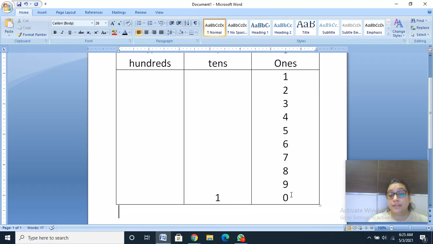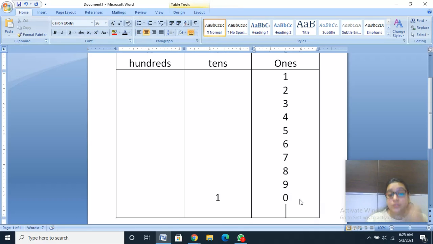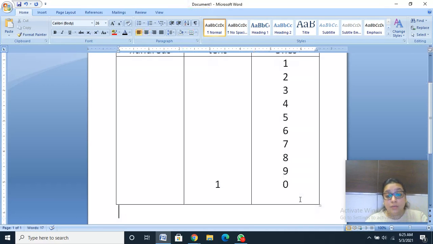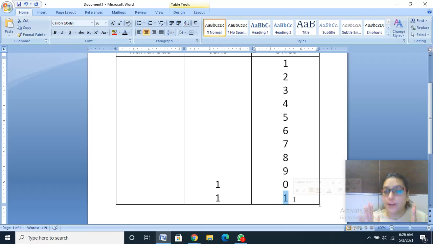Similarly, if we keep on continuing, here 11 will come now. Now you can see this one and this one. It is 1, which means it's a face value. Both are 1.